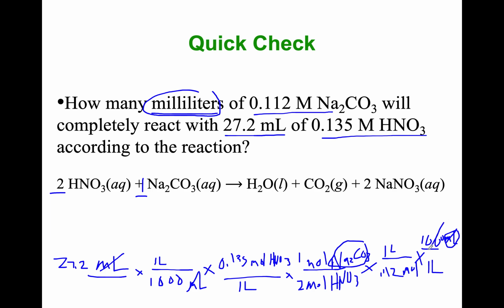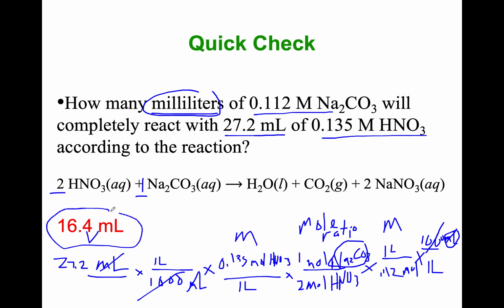So really, if you divide by 1,000 and multiply by 1,000, you actually didn't need to do that. You could take your milliliters times your molarity, so that's volume times molarity. This is the key, okay? What I really want to emphasize here, you've got to have the mole ratio, and you got the mole ratio. Now you can use the other molarity to get to this volume, and should end up with 16.4 mL.